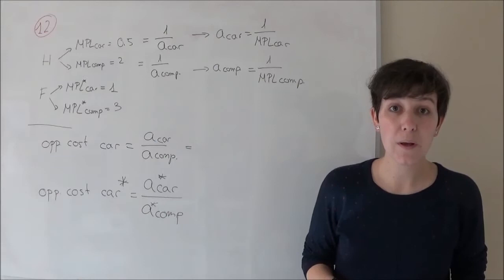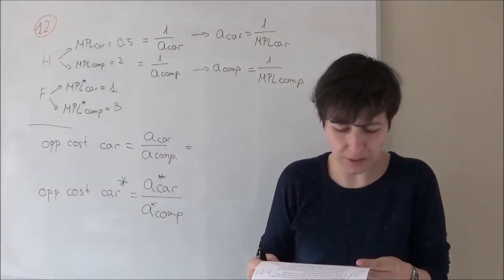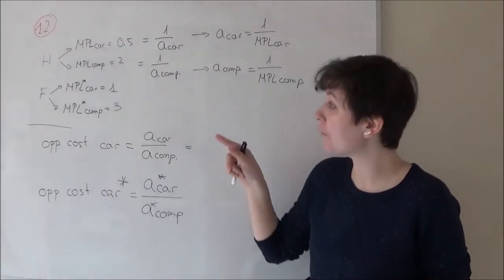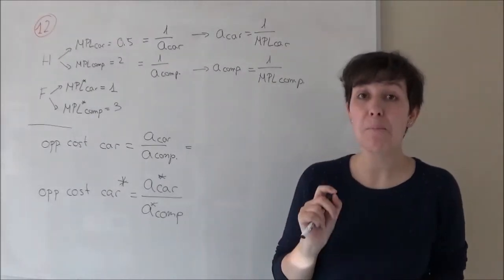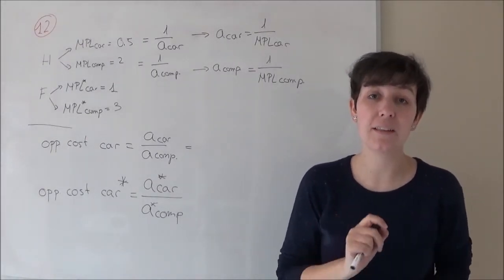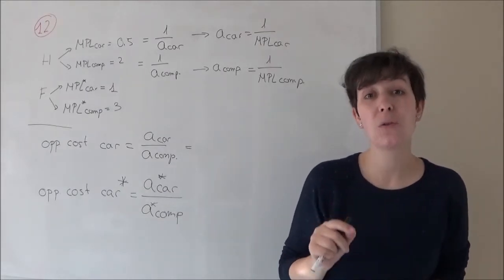Now we are going to answer exercise 12, sorry, the 11 was done, yes, 12. So here we have two economies, home and foreign. We have the marginal productivity of labor for each sector and in each economy. What is the inverse, if you remember, to the unit labor requirement?